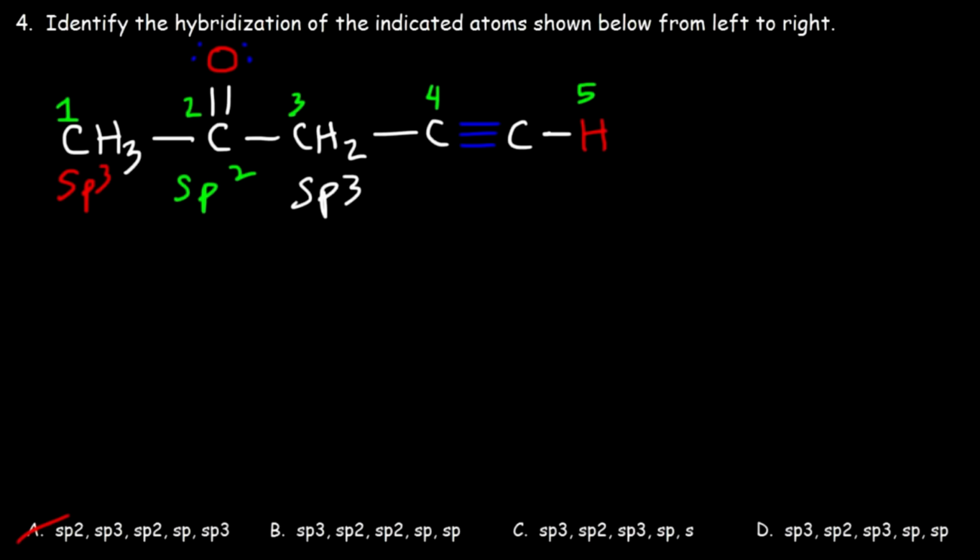We can eliminate answer choice B because the third option is not sp3. We need to keep C, and we need to keep D.